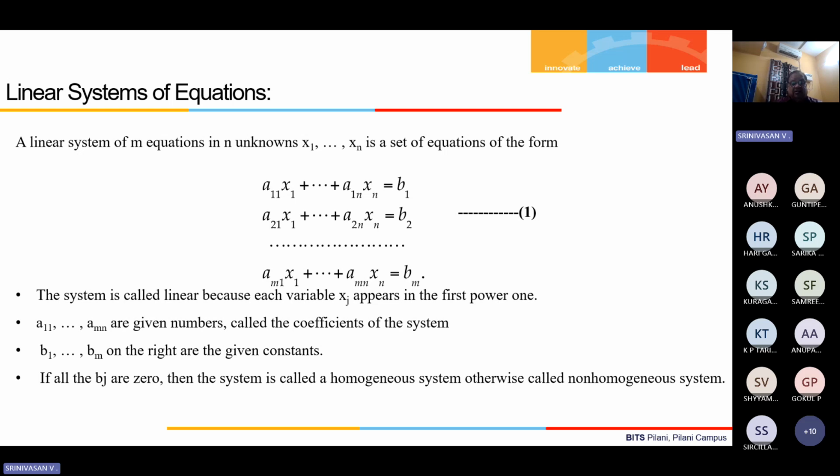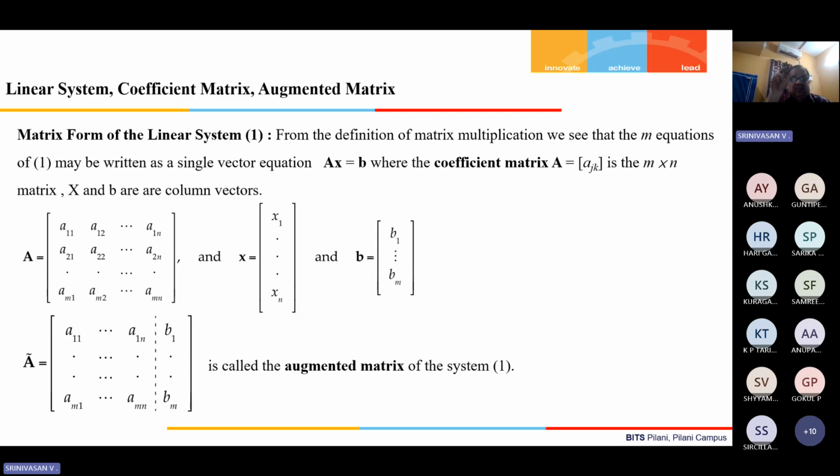Whenever there is a vector, we are already familiar with the symbols. So this product, if you do the summation, this set of equations can be written as AX equal to B. Is it right? You just check.